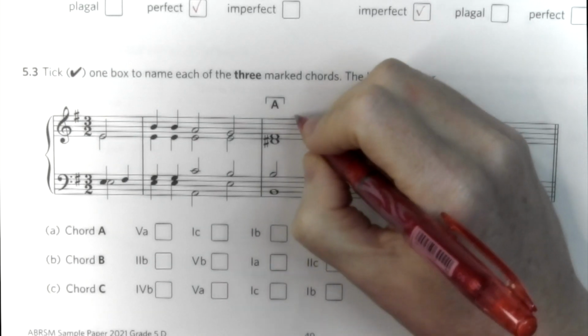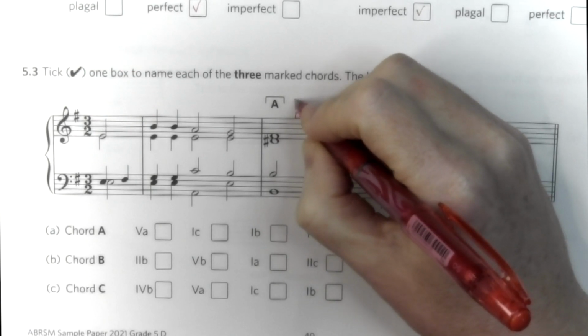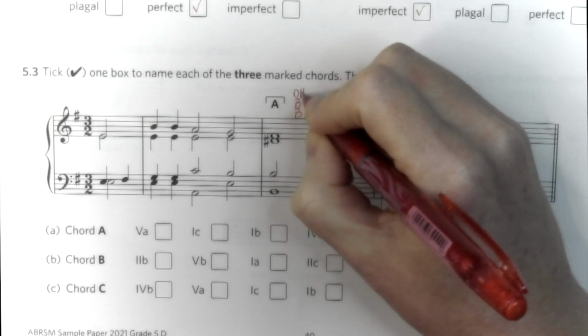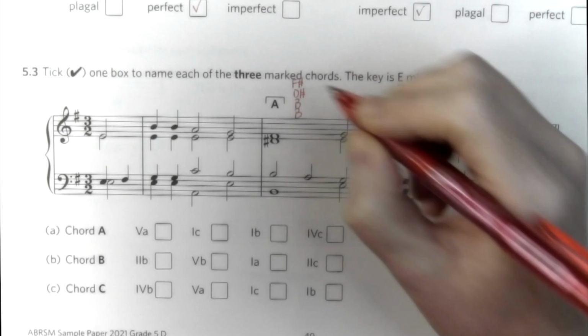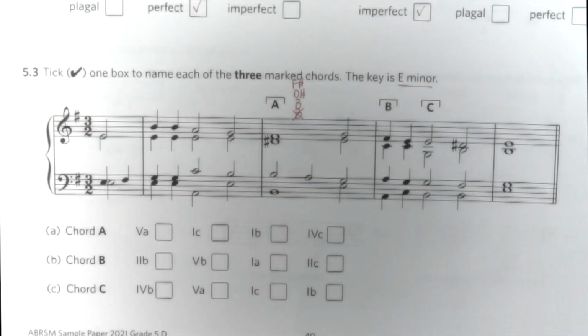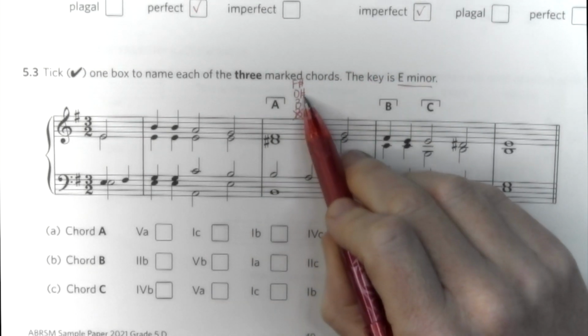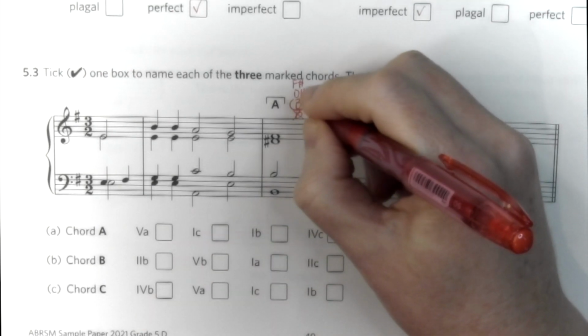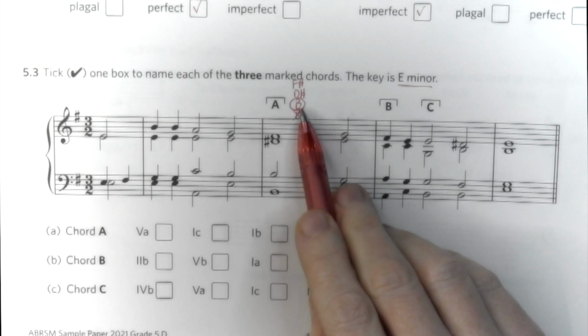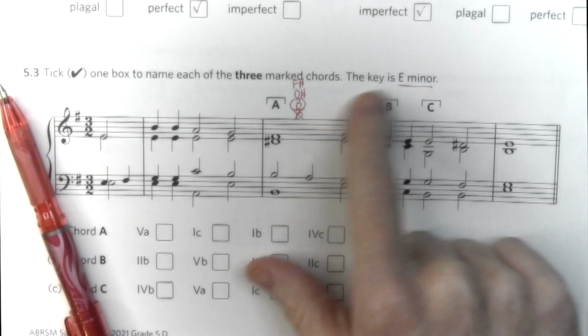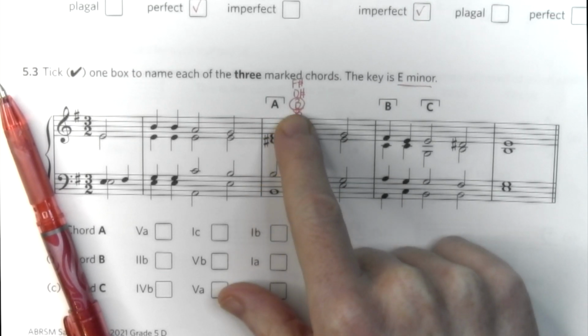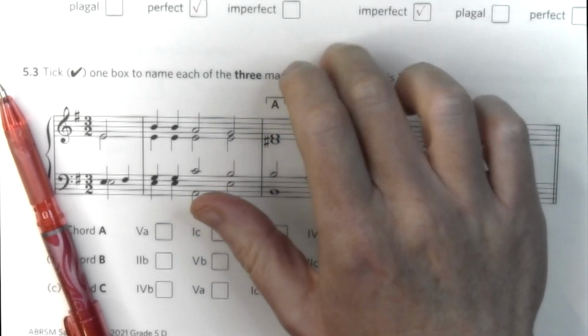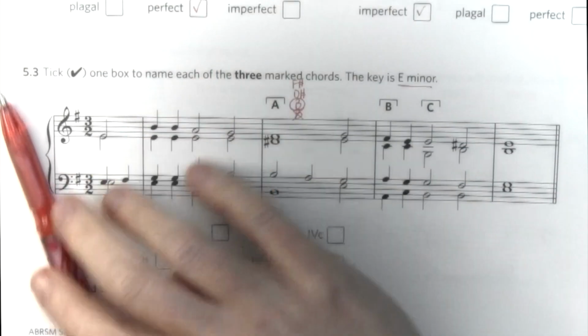Now let's identify the chords. We have B, B, D sharp and F sharp. B is doubled. Si, Do, Re, Mi, Fa. That's already in order, and we have B as a bottom note, which means that the chord is on B. And for E minor, the note B is Mi, Fa, Sol, La, Si, the fifth.